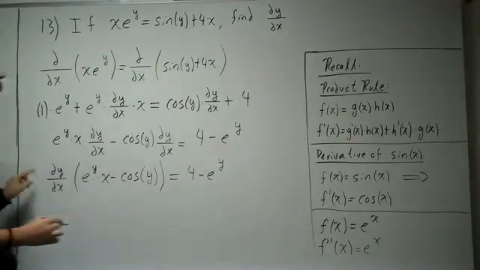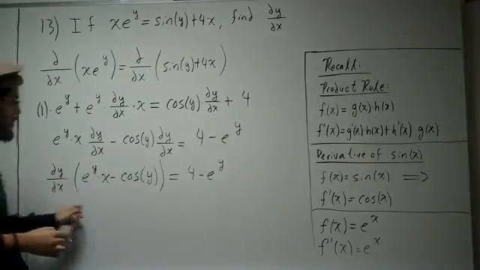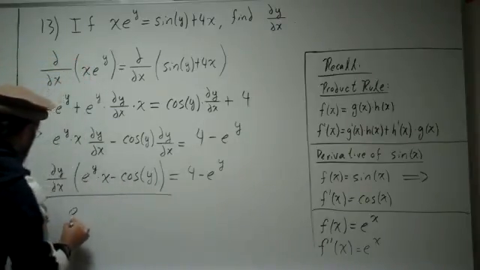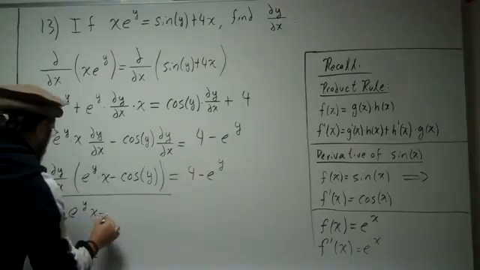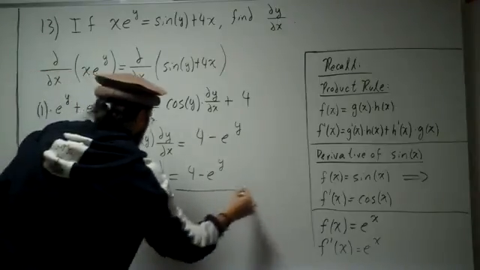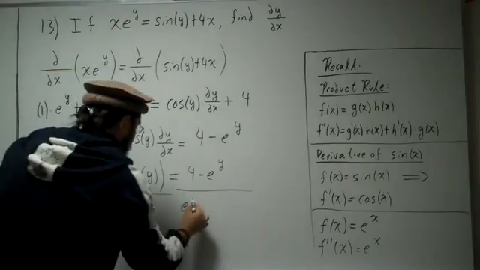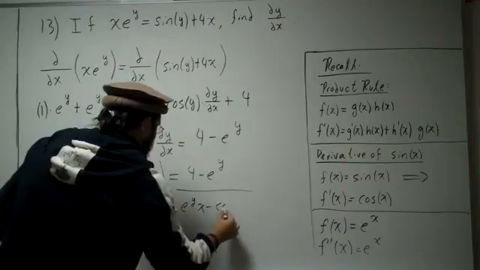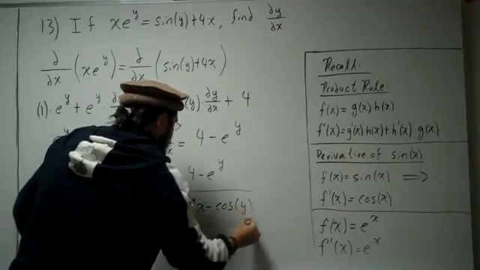So if I want to solve for dy/dx, I have to divide both sides by this, by e to the y times x minus cosine of y.